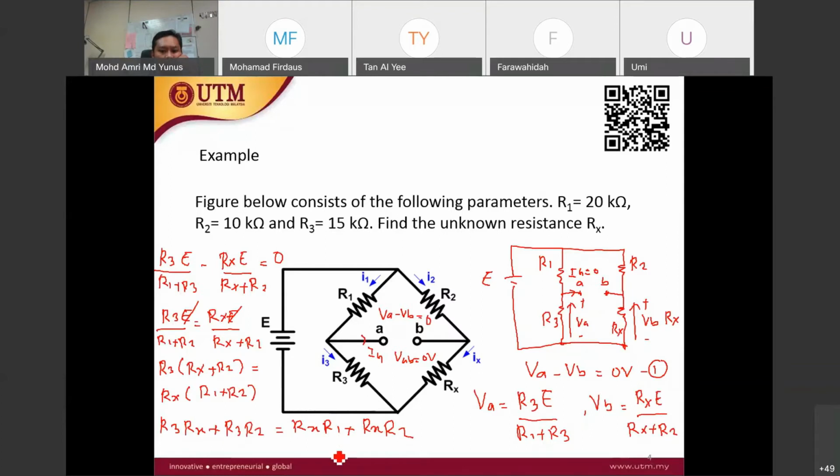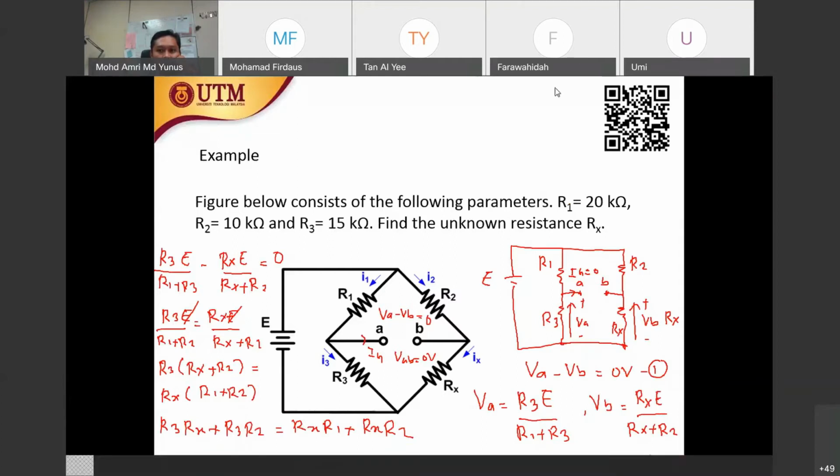Is there anything else that we can cancel? Oh, typo somewhere. Let me check. Rx, R3, R3, Rx R2. Sorry, Rx typo.